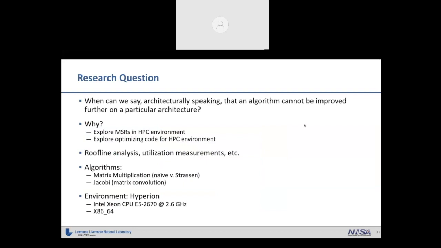And the reason why we want to do that is because we wanted to explore MSRs in an HPC environment, and we wanted to explore optimizing code for that environment, specifically to help optimize how HPC runs their supercomputers with the software they're using.